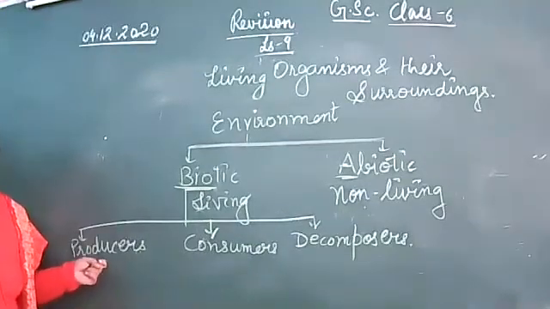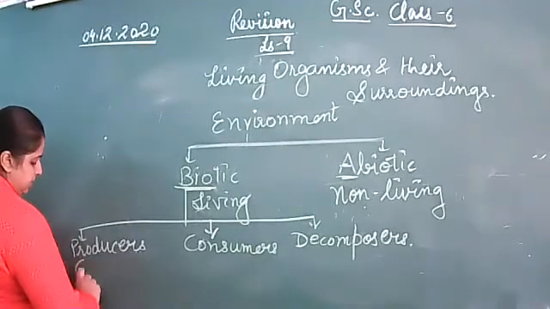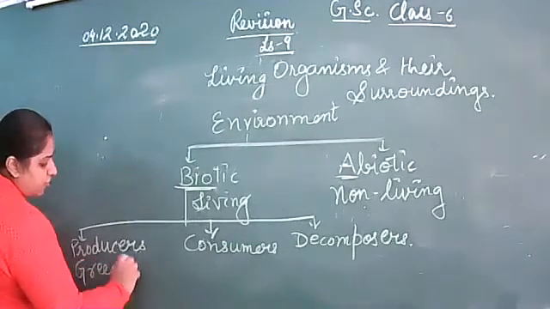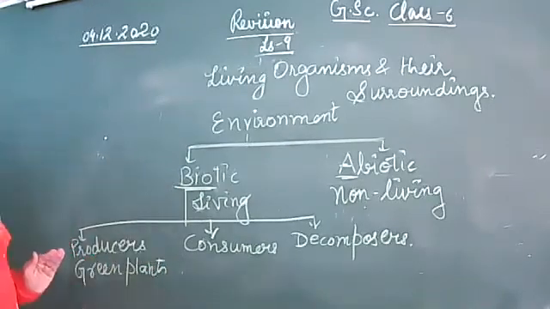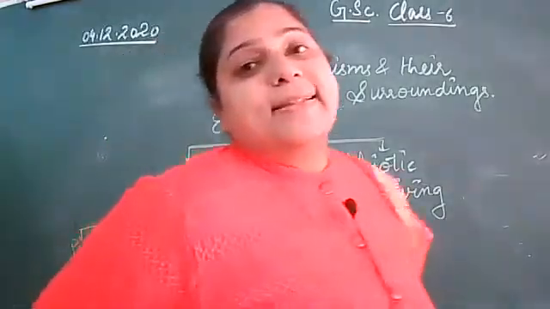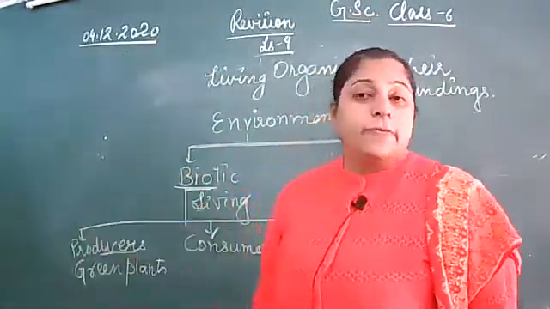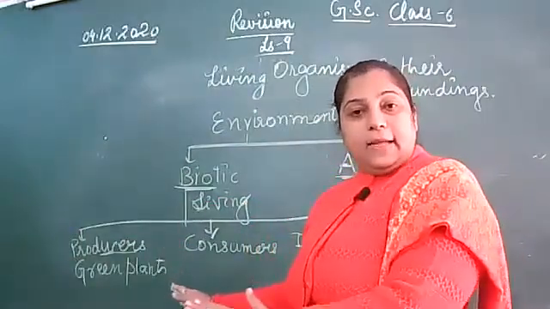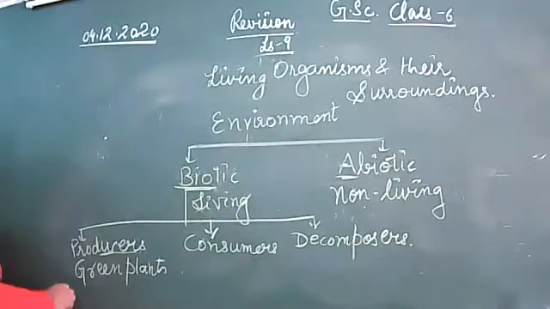Which organisms are included in this category? Green plants, that can produce their own food. Because they can make their own food, we call them autotrophs.